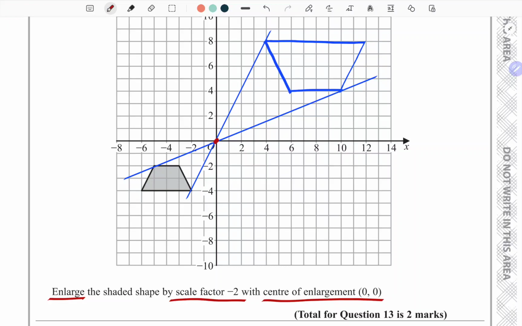Now, here are the key factors. A negative scale factor means other side of center of enlargement.